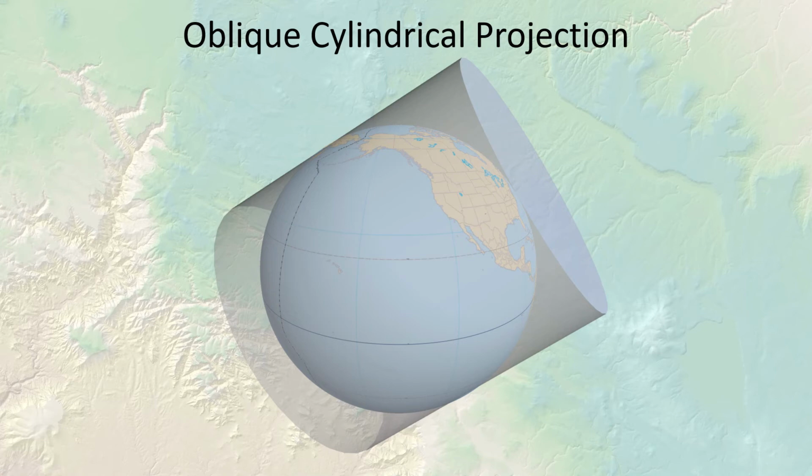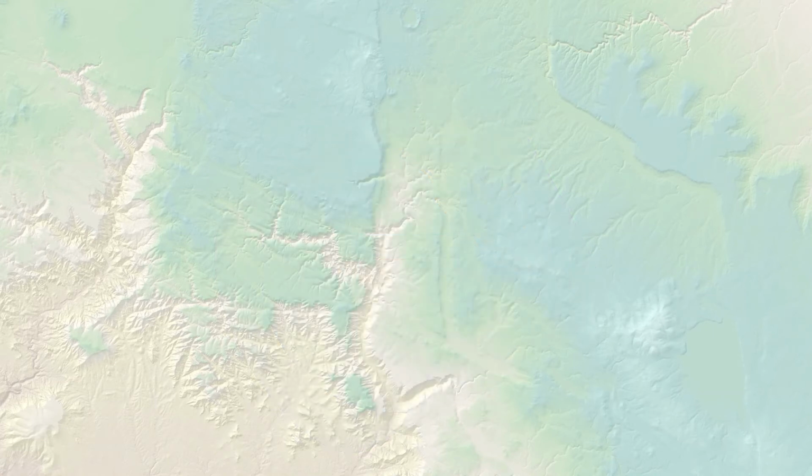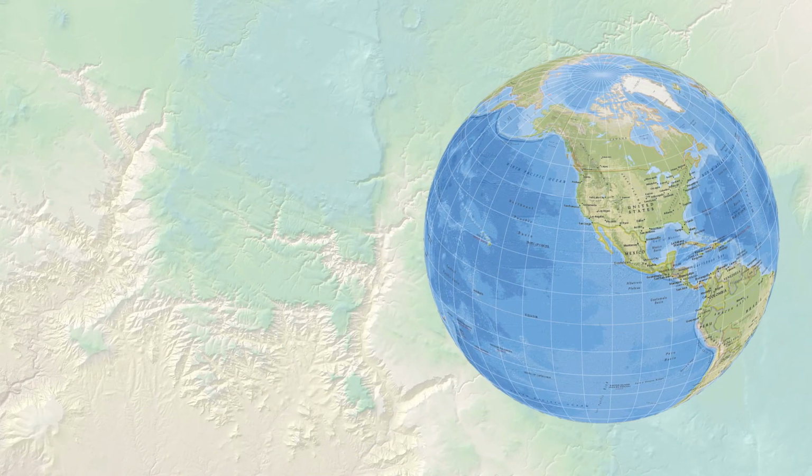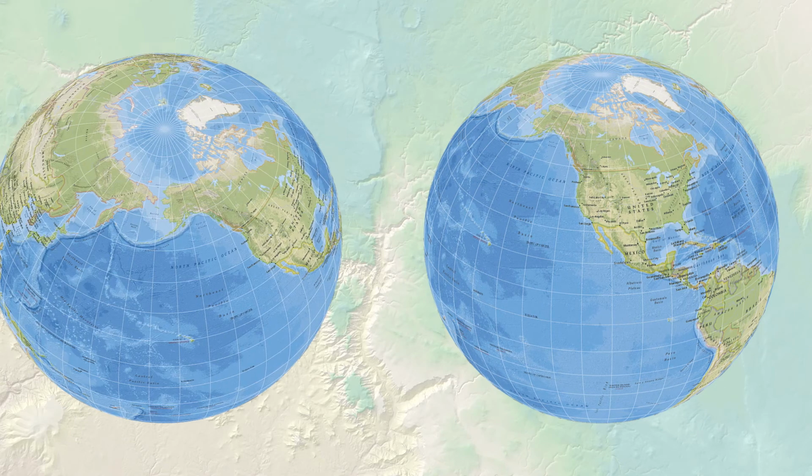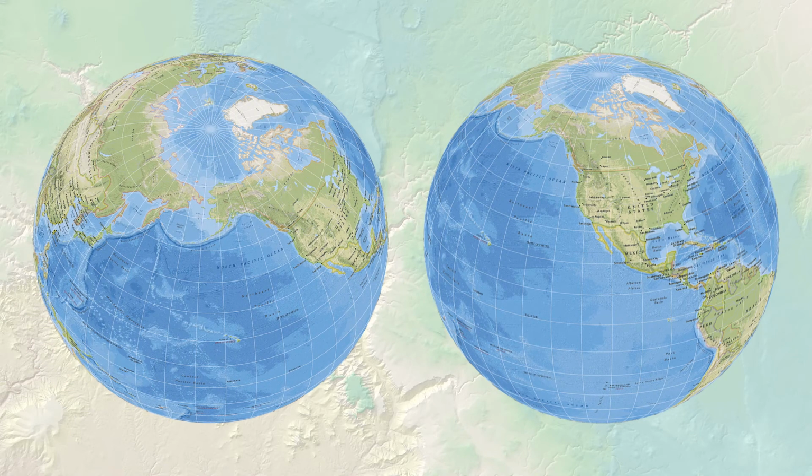So the answer has to do with when you have long regions on the landscape you want to map, and these long regions aren't oriented perfectly north-south or east-west. An example might be Baja California, or maybe the Aleutian Islands off of Alaska.